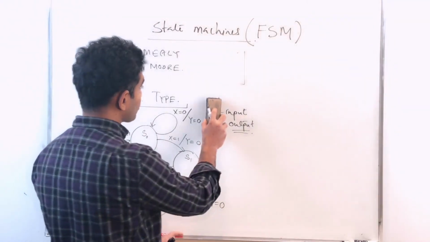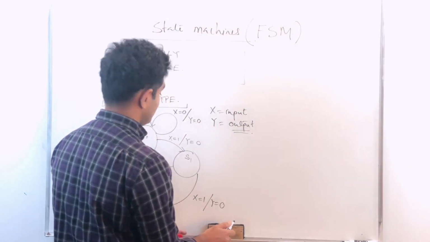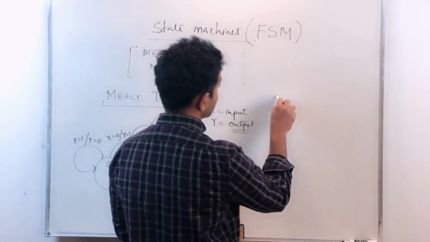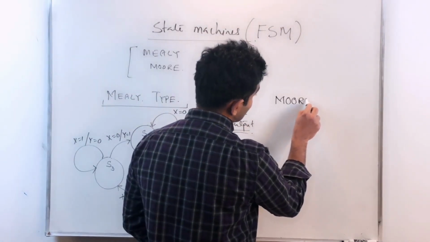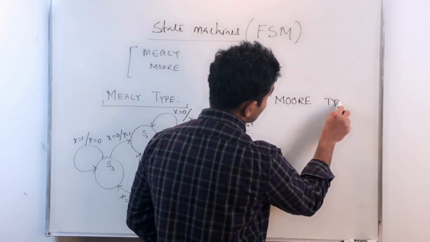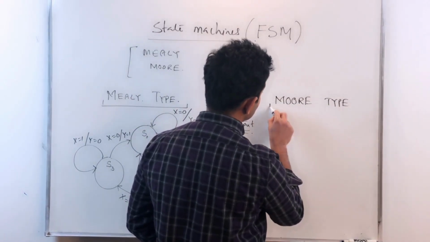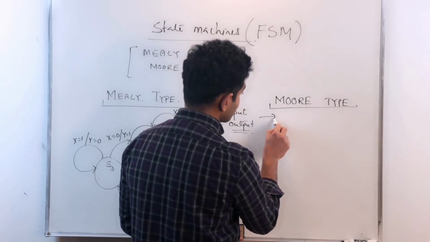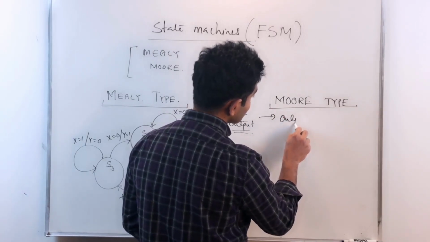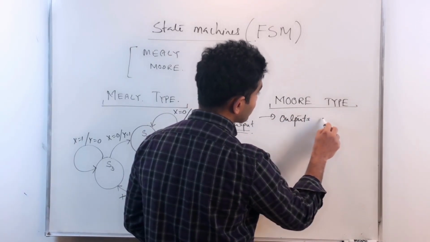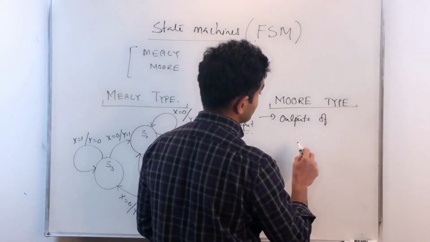Now let's look at the Moore type. All right. So this is a Moore type. Now, in the Moore type of a state machine, the outputs, this is very important, the outputs are functions of the present state itself only.